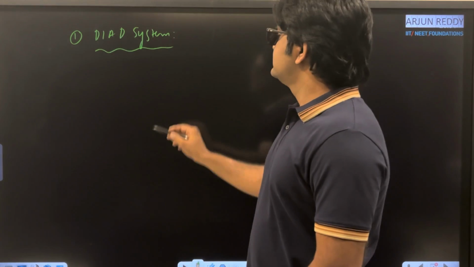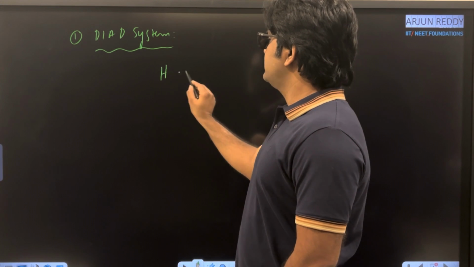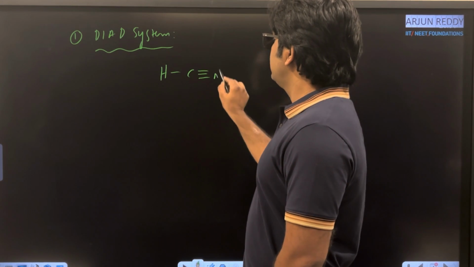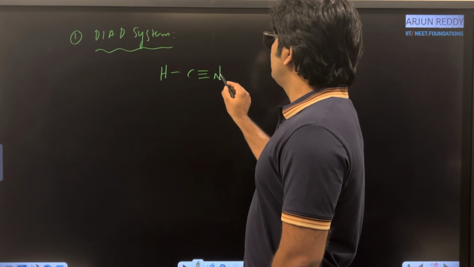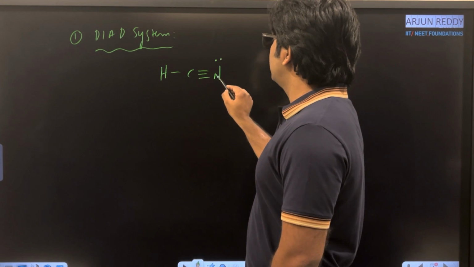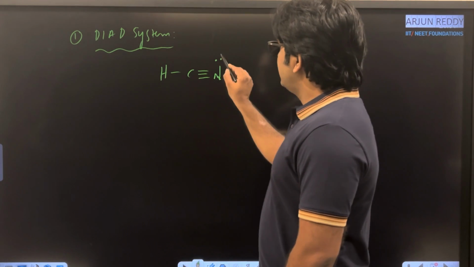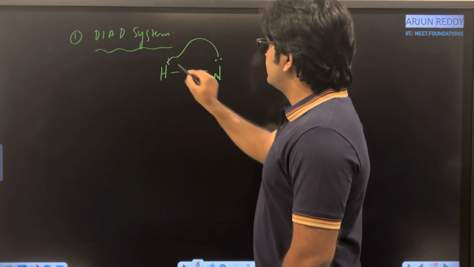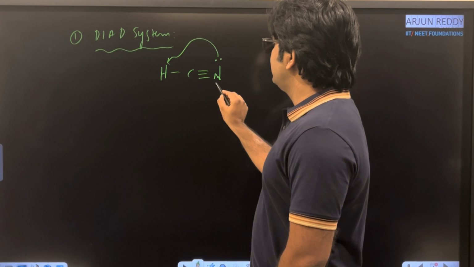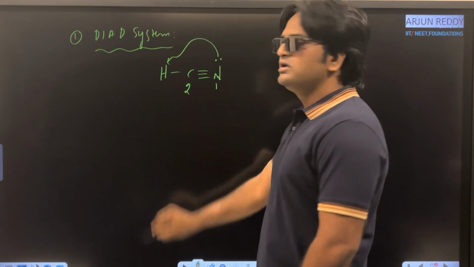To understand the diode system, here I am taking one example, HC triple bond N. Nitrogen, a fifth group element, has one lone pair of electrons, right? Now this nitrogen lone pair receives a proton from the carbon atom. Let nitrogen be the first atom and carbon the second atom.